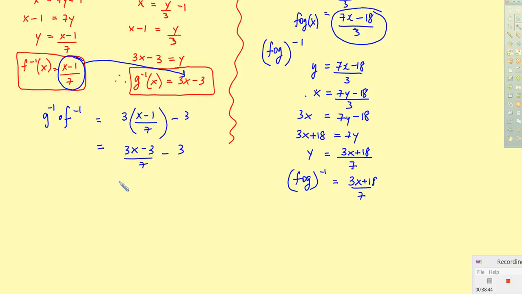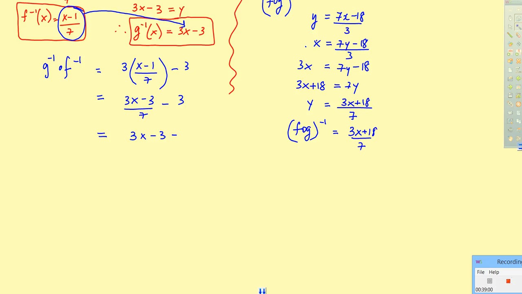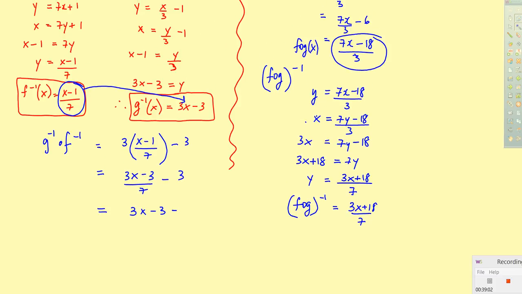I'm going to get a common denominator here of 7, which gives me 3x minus 3, hold on. Okay, so that it would give me 3x minus 3 all over 7 minus 21 over 7.